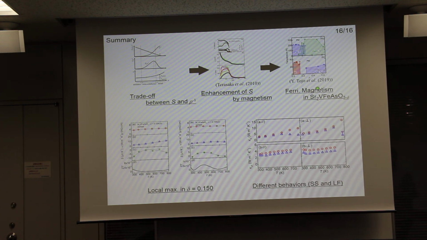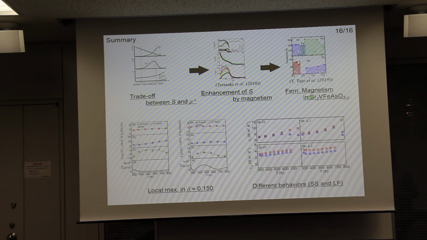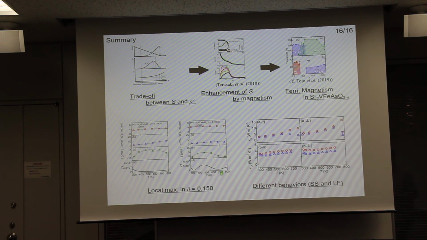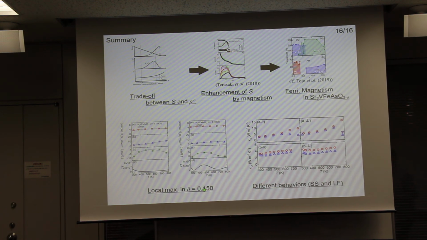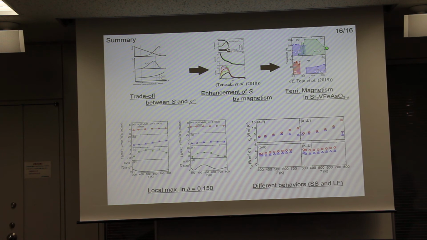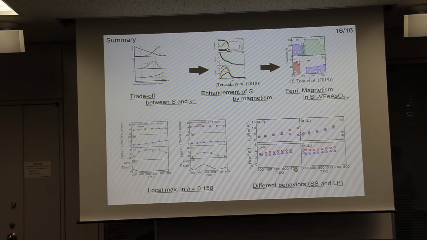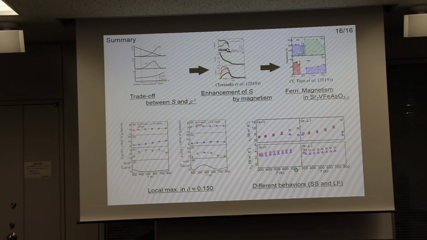I tried to enhance the Seebeck coefficient by ferromagnetism, and in the samples with oxygen deficiency delta equal to 0.150, which is estimated to show ferromagnetism, we observe the local maximum. And also the behavior of kappa was different. So that's all.